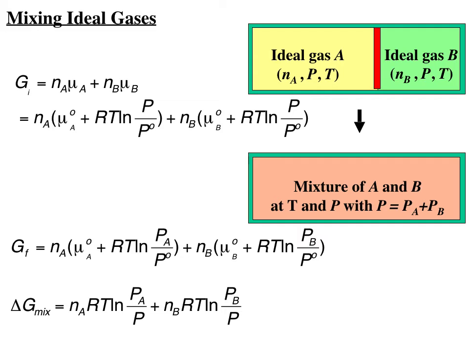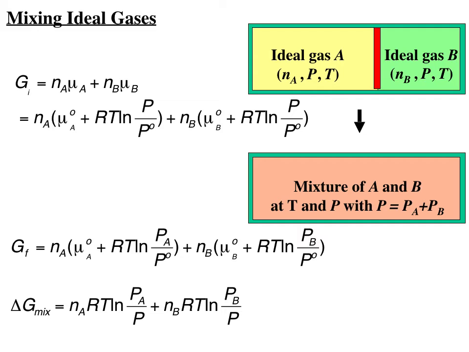The pressure in the mixed box is the same as it was in the separated box, but now notice P_A and P_B are going to be values lower than P itself, because of course the ideal gases are going to mix until their partial pressures sum to the total pressure.